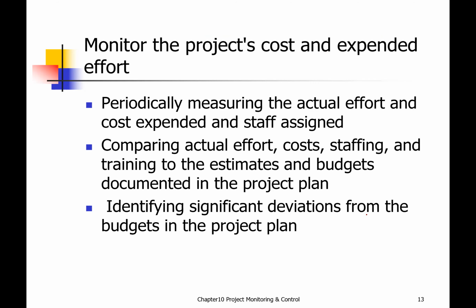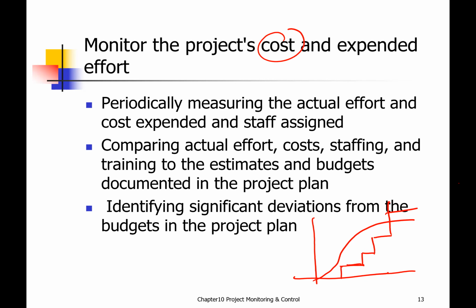Monitor the project cost and expended effort. Expended effort, this is like what we have learned last week, project cash flow forecasting. Okay, this is related to cost. Remember in our last week, we do learn about two curves. One is called cash out, and then another one is basically cash in payment.